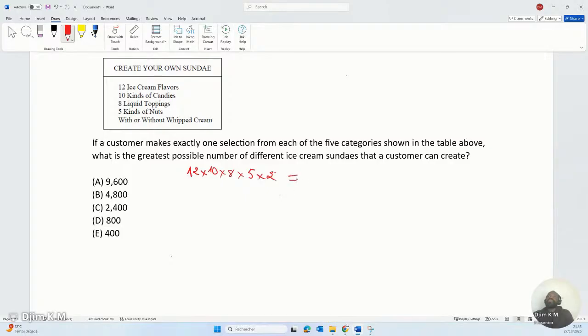So this will be equal to 12 times 8 times, so 10 times 10, 100. So 12 times 8 is equal to 96, times 100 will give us 9,600.